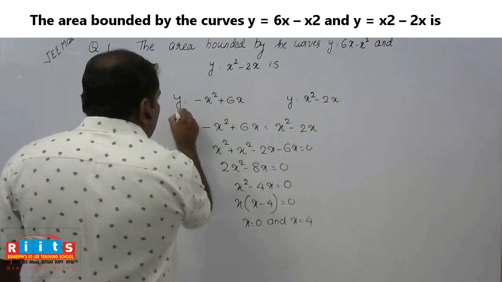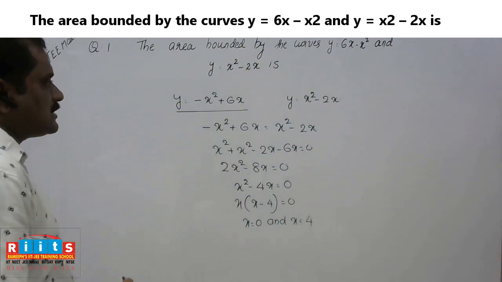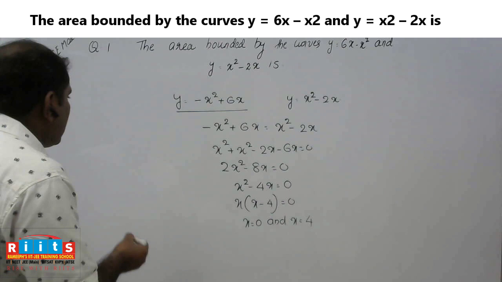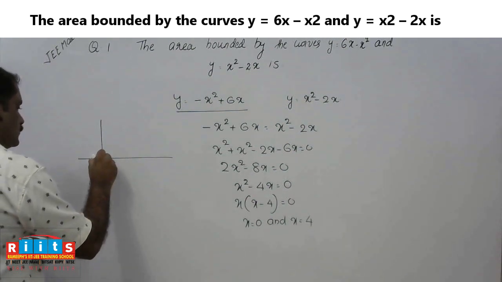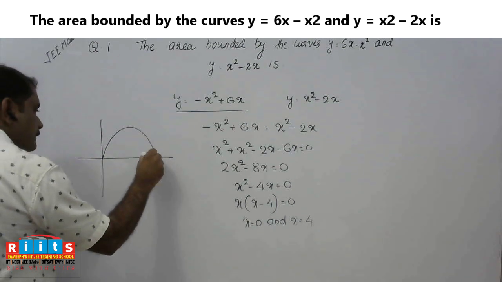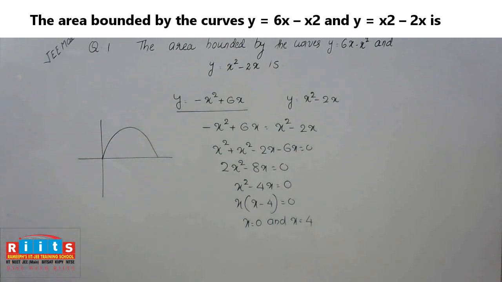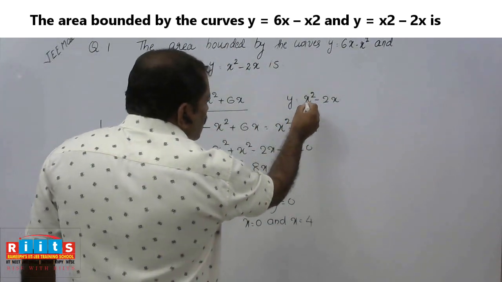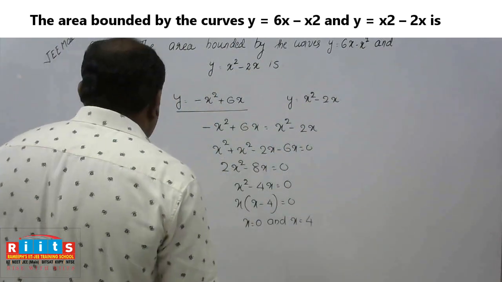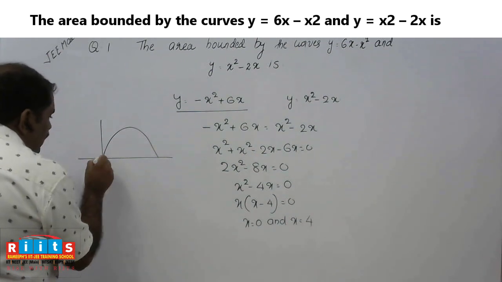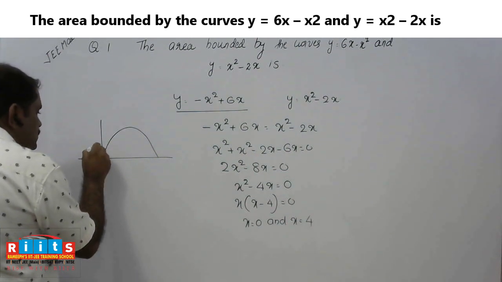So the first equation y equals minus x square plus 6x is a parabola inverted downwards, and y equals x square minus 2x is a parabola inverted upwards.